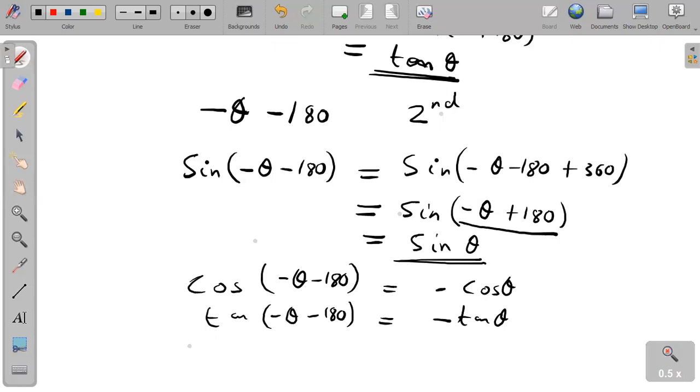The one that is found in the fourth quadrant is actually theta minus 360. This one is now found in the first quadrant. So following the same criteria, we can still establish what sine of theta minus 360 is going to give us. So all of them, we can still have them in the same way.